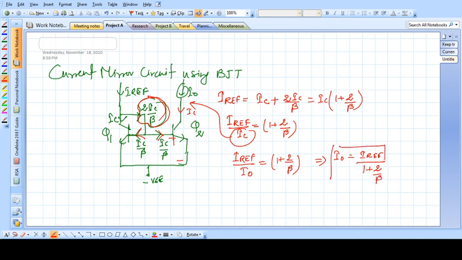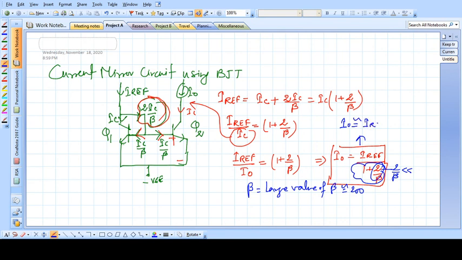What we can say is, for a large value of beta, in general we are taking 200, constant current gain 200, this term 2 by beta is very small, so we can say that I naught is nearly equal to I ref.